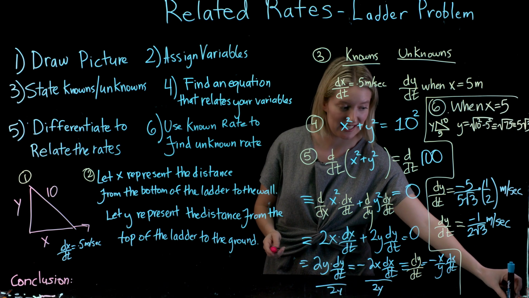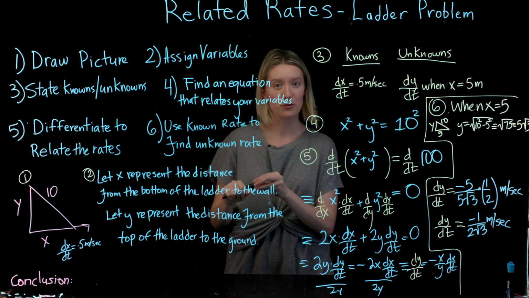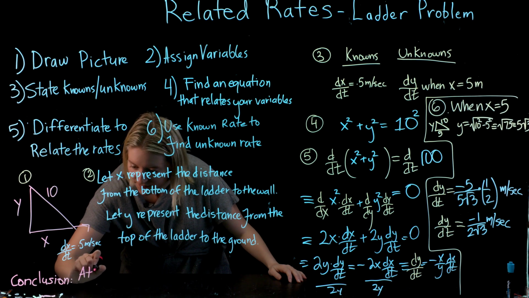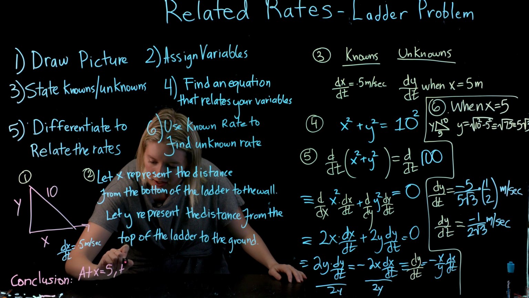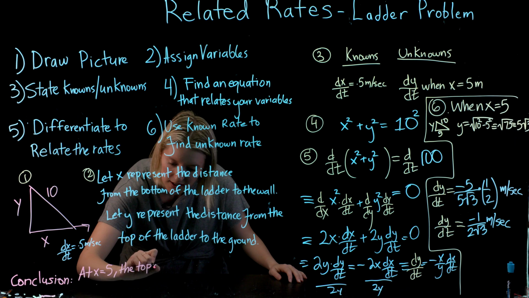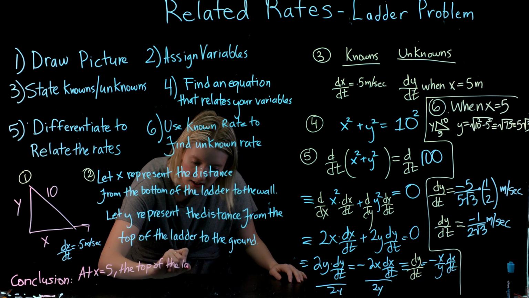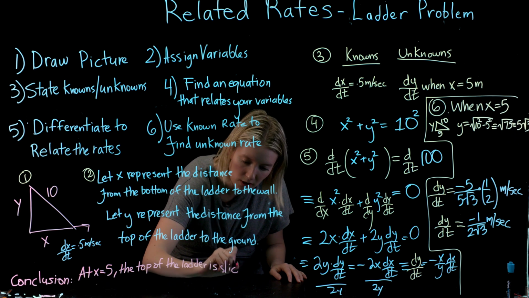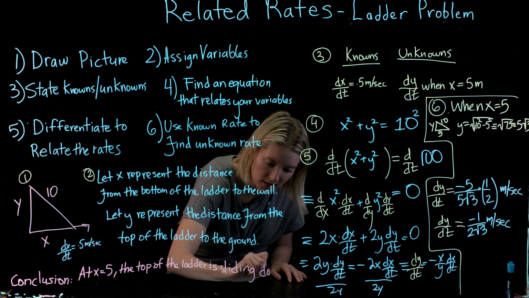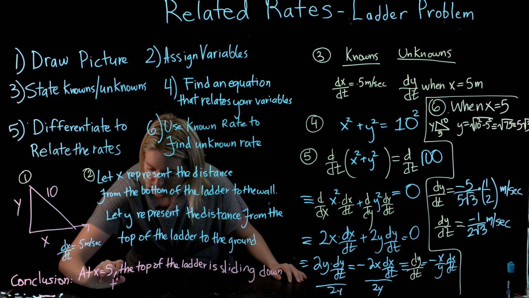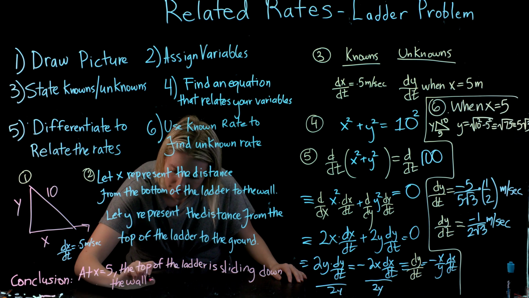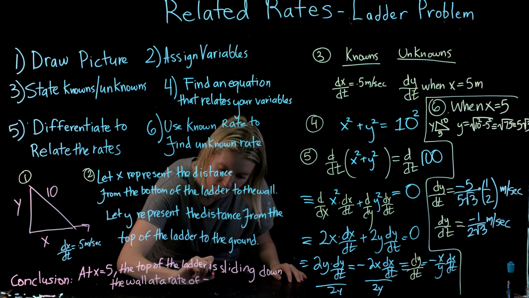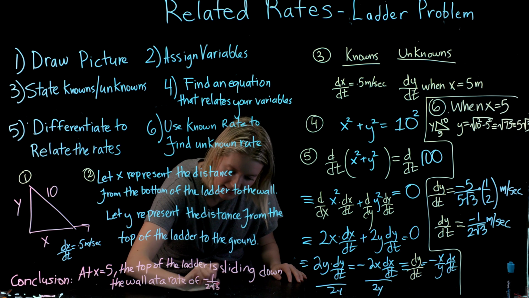So we know that dy dt is equal to negative 1 over 2 root 3 meters per second, but in terms of the problem, I can say at x equals 5, the top of the ladder is sliding down the wall at a rate of negative 1 over 2 root 3 meters per second.